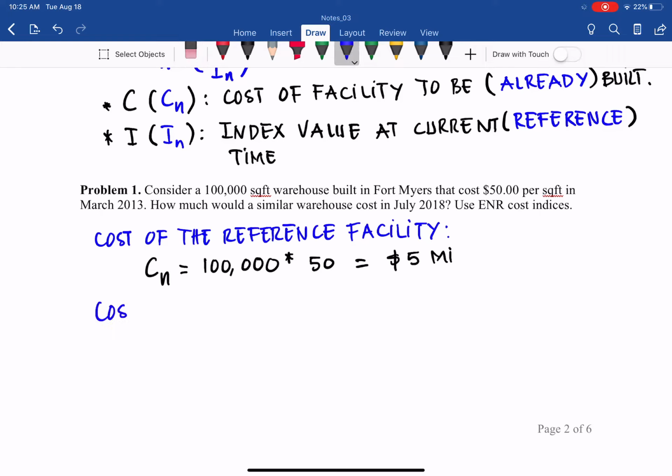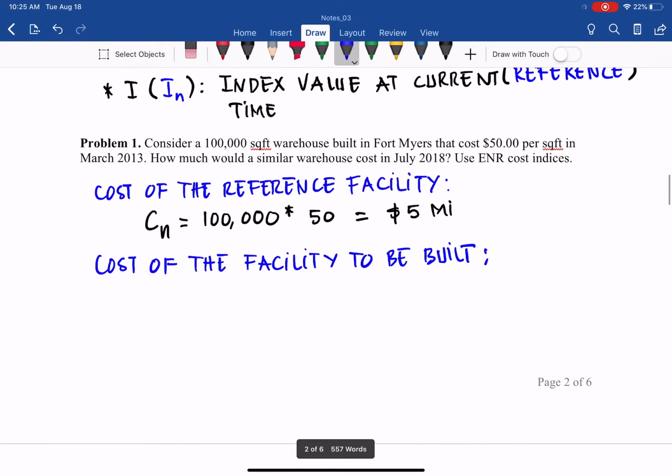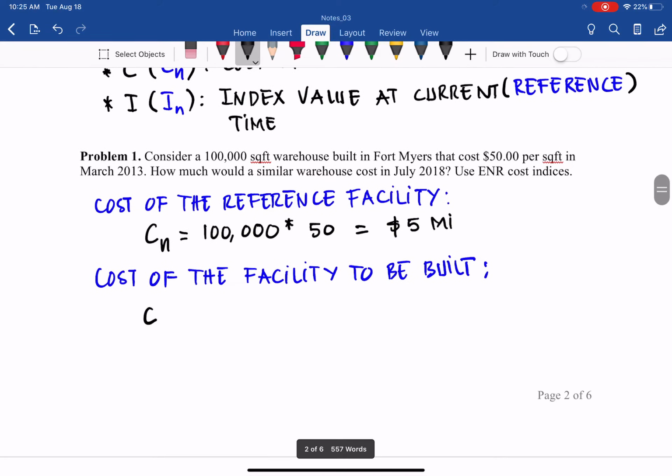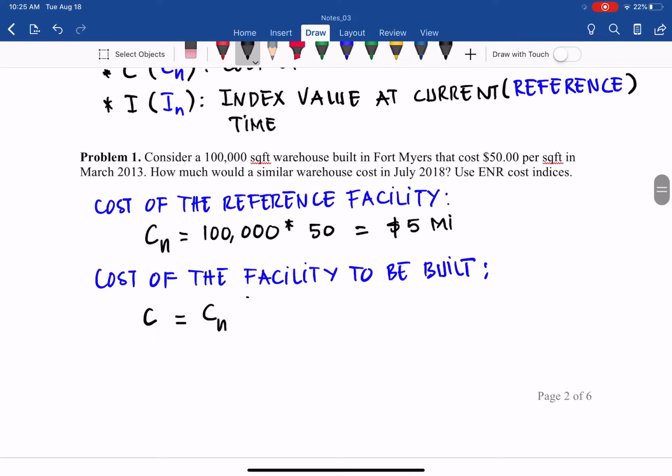The cost of the facility, in this case the warehouse, to be built. And here it is the same location in Fort Myers, so we don't take into account the location changes so far. So with that we have C, the cost of the new facility, with the equation over there: Cn times In over Ir.